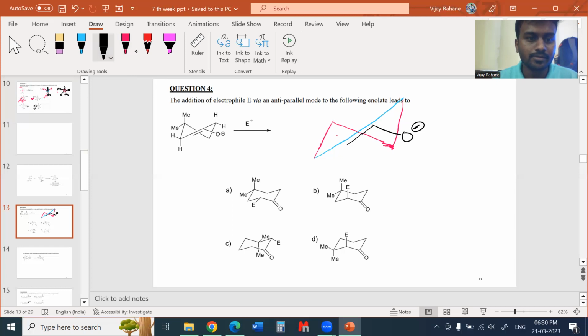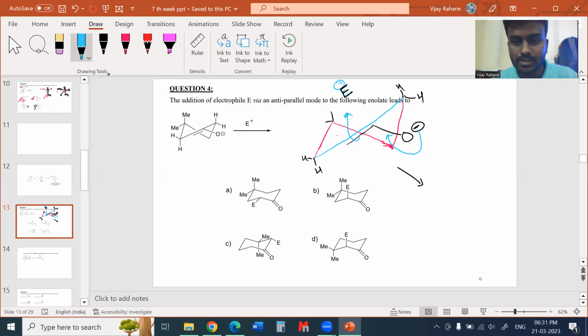With the progress of the reaction, this enolate attacks the electrophile like this. This is how the attack will take place, and the remaining groups will be there: here a methyl group, here methyl group, here hydrogen, here also hydrogen. The electrophile will come from the opposite side, and when converted into the product it will look like this, converting into a boat form and a ketone, right?